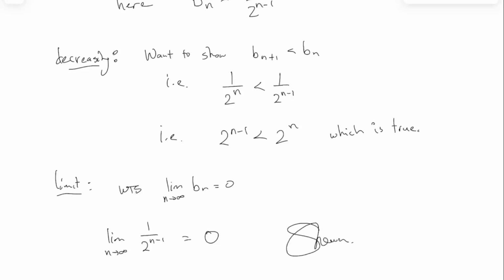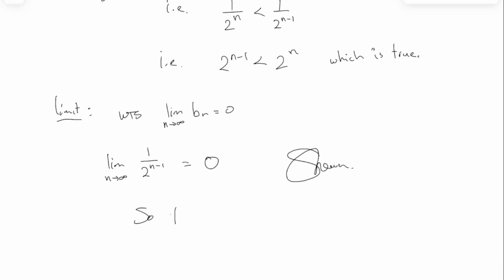Maybe I'll put shoon to indicate that we're done. Having shown those two parts, it means that the alternating series converges.